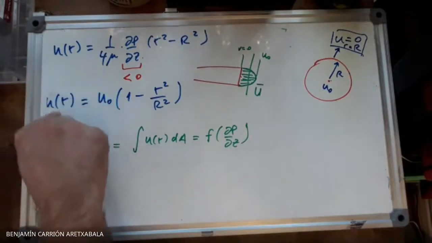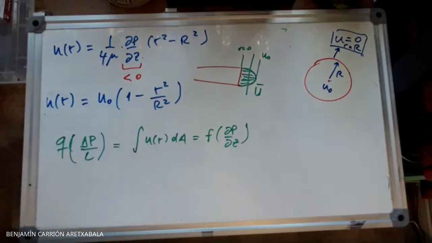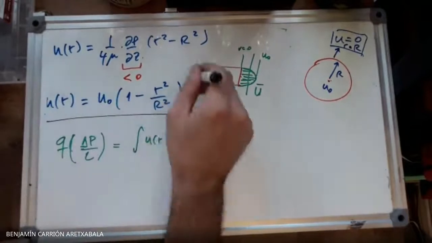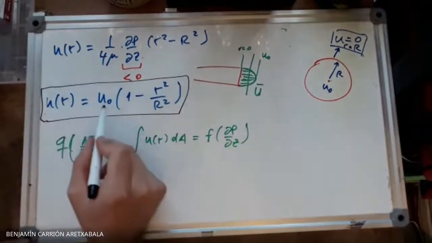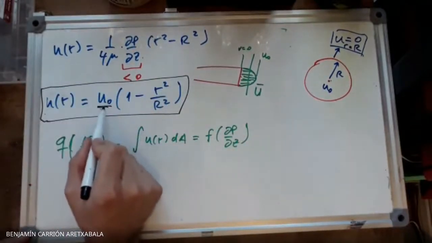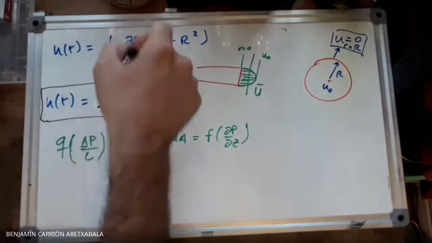So the question is, what's the final equation? Well, it will depend on what you're being asked. Normally we will ask you to determine, for instance, what's the velocity profile? This is the velocity profile. Of course, you don't need to express it this way. You can express it with these values you got.